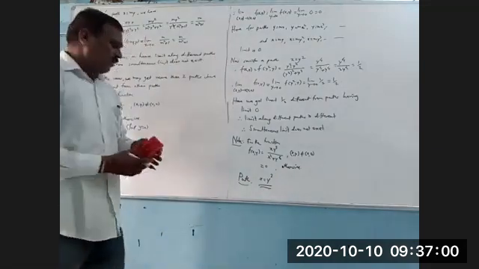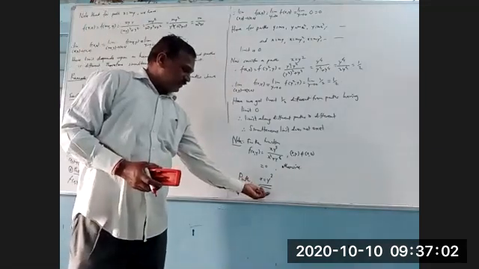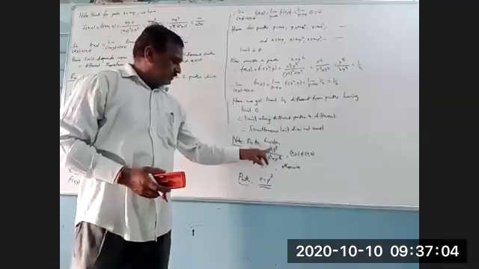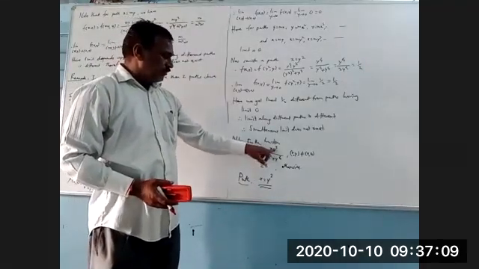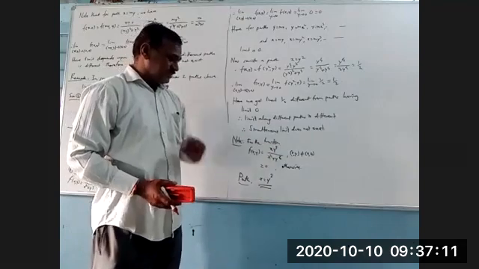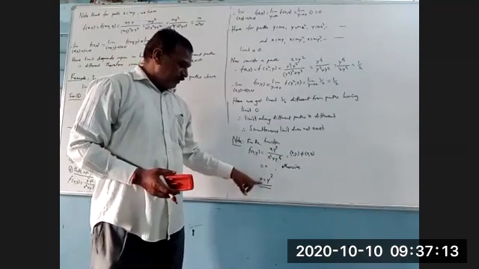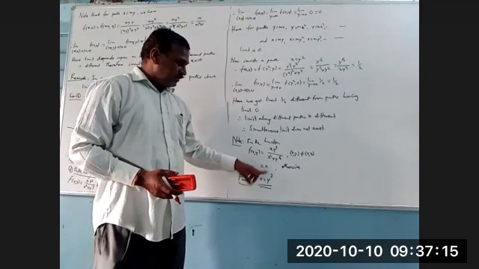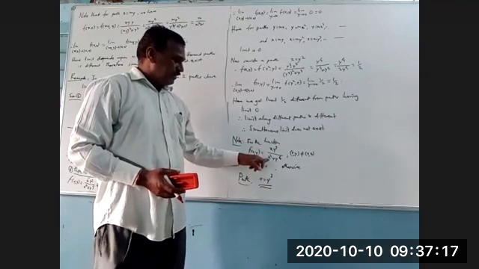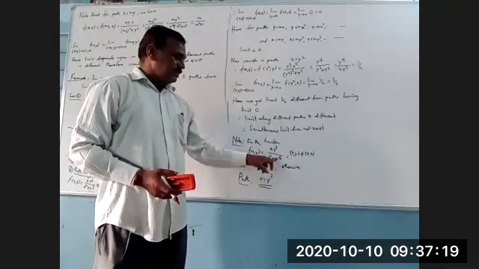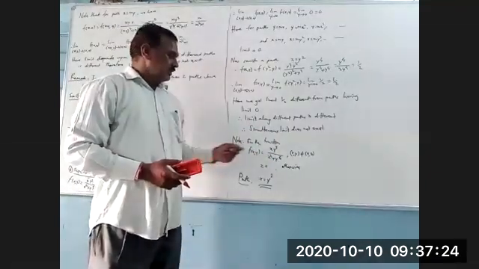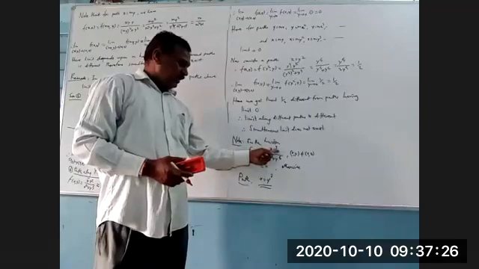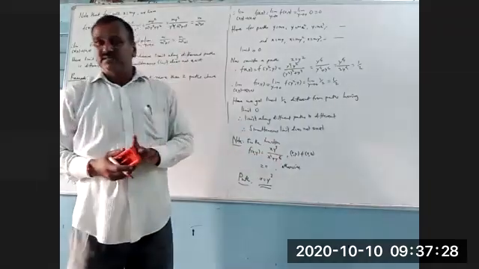See here, why have we chosen this path? Because if we put x equal to y cube, the numerator will be y cube times y cube, the degree will be 3 plus 3, that is 6. In the denominator, x is y cube, so x square is y cube squared, that means y to 6 plus y to 6, that means twice y to 6. Therefore, the degree of numerator as well as denominator is 6.